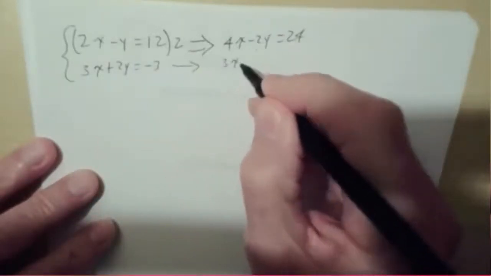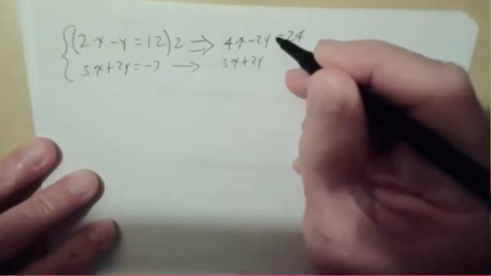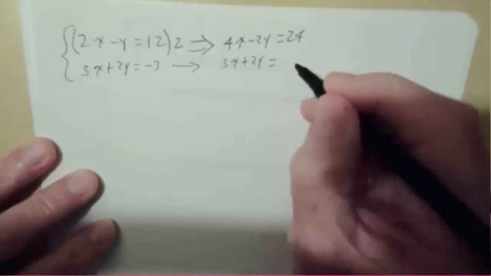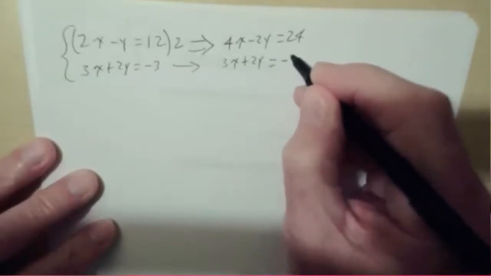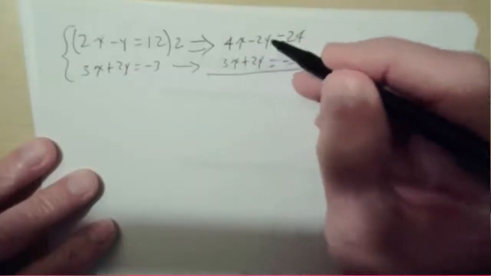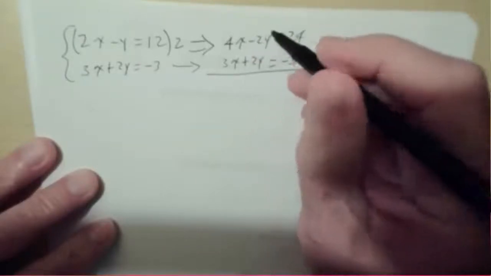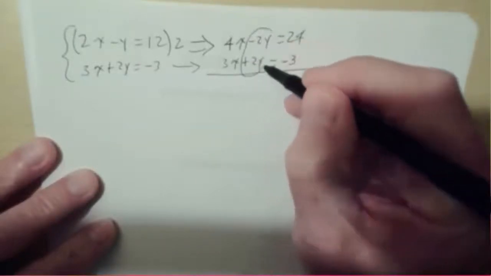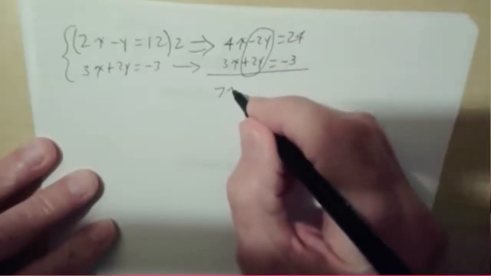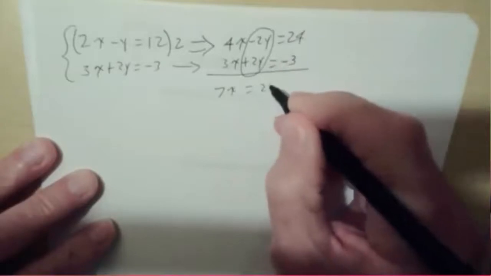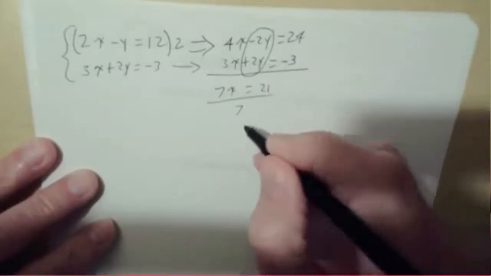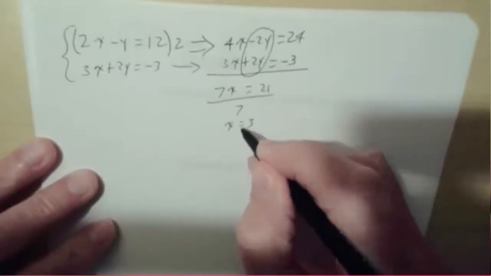We get 3x plus 2y, and you can see that these are going to eliminate each other, equals negative 3. Now we add these two equations together, and that one's going to be eliminated. So we have 7x equals 21, 24 minus 3 is 21. Divide by 7, x is 3.